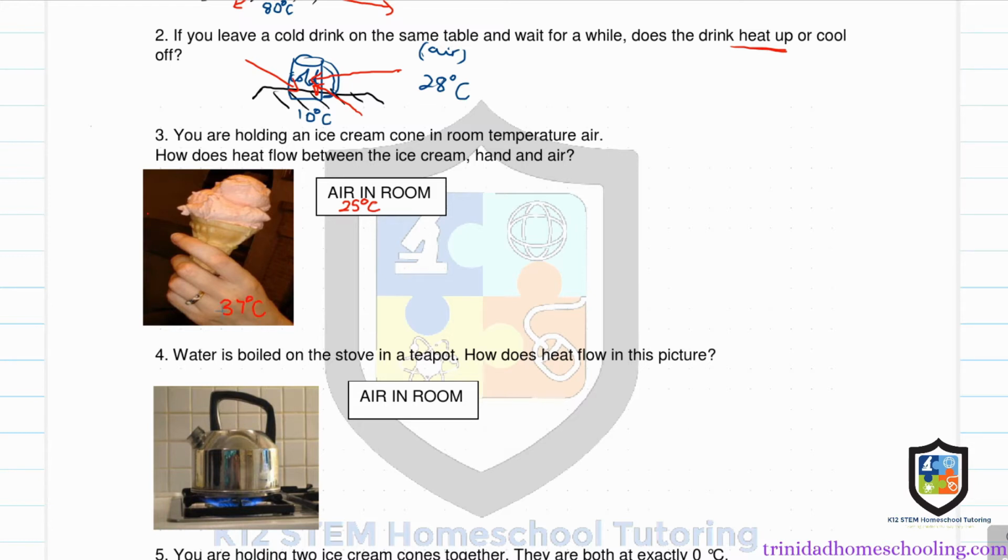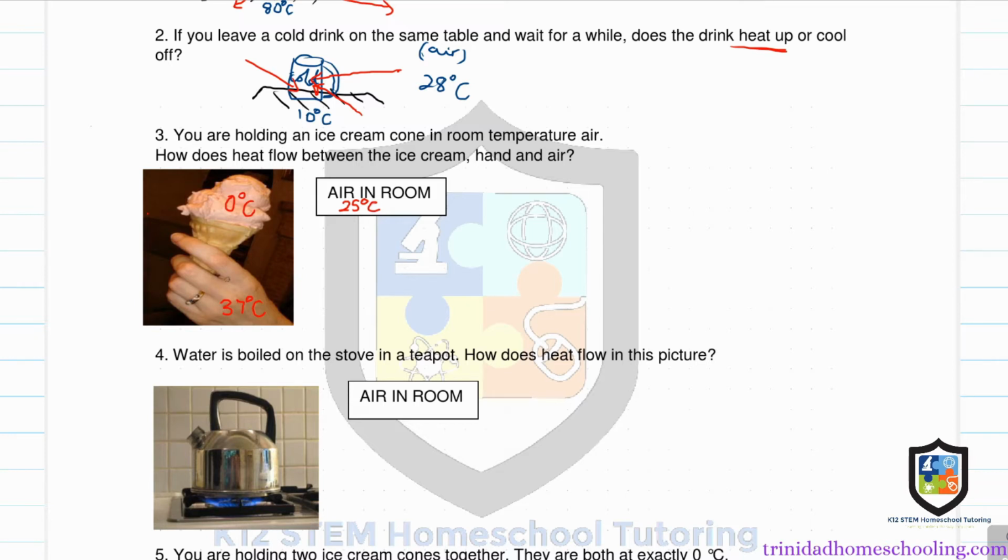Anything higher than 37 degrees Celsius means you have a fever. Now, what is the temperature of the ice cream? Well, the ice cream would be 0 degrees Celsius. It's cold, it's frozen. And it's mostly made up of frozen water with some flavoring and some milk in there, right? So, which way would our heat flow?